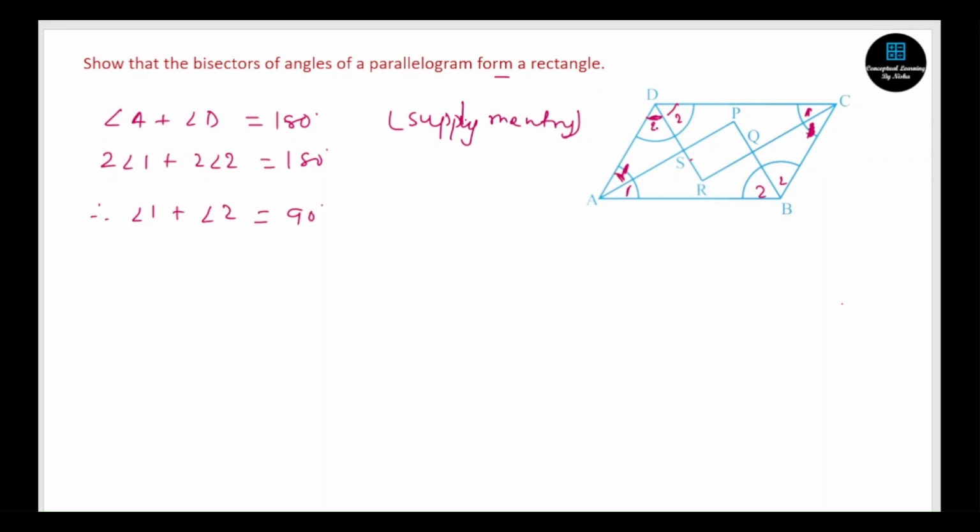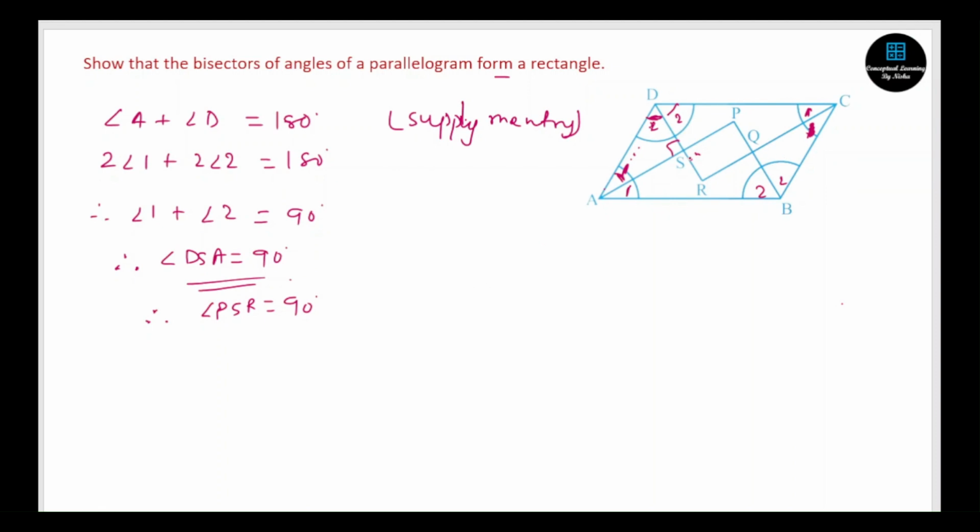Now in this triangle ADS, these two add up to 90 degrees, so automatically the third angle is 90 degrees. That gives me angle DSA equals 90 degrees. And therefore, what can I say about its vertically opposite angle? Yes, this is also 90.